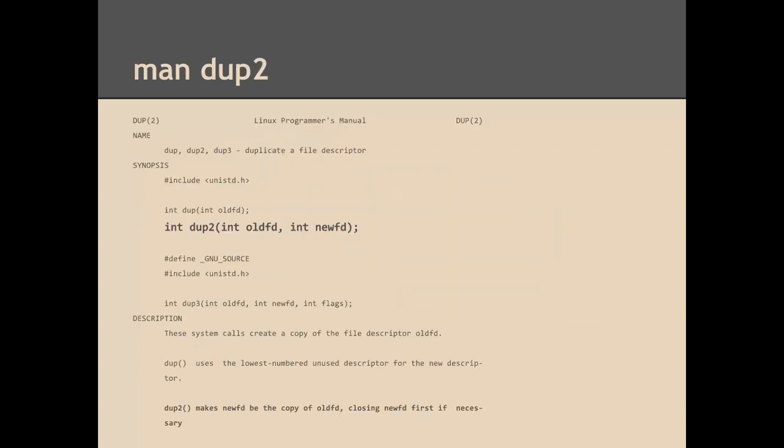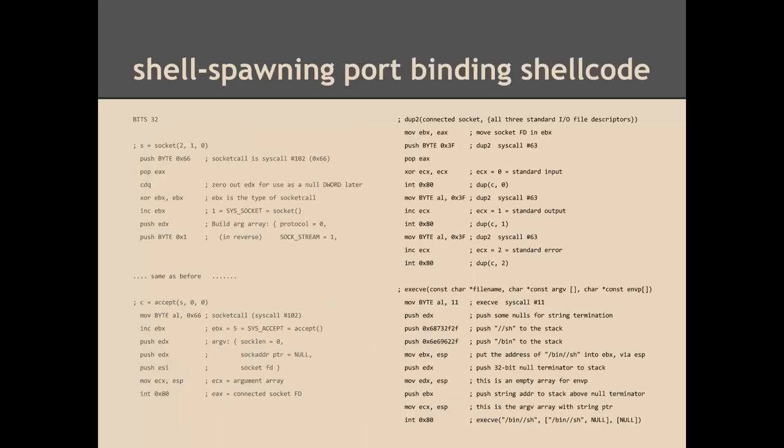So dup2 is a system call, and a family of system calls. There's dup, there's dup2, there's dup3. Dup2 is really the useful one here. You give it the old file descriptor and the new file descriptor, and it's going to tie the two of them basically together.